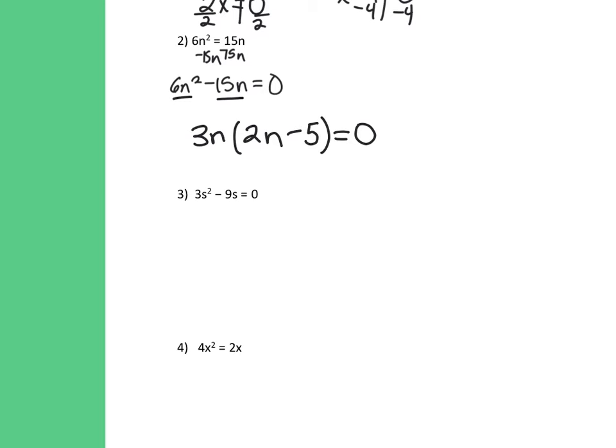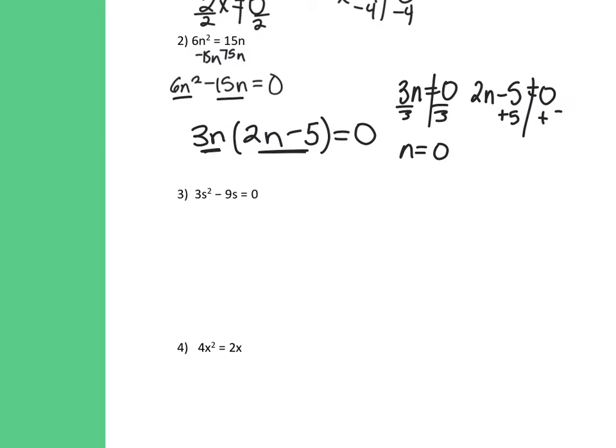We set each term equal to 0. 3n equals 0. Okay, first one. Divide by 3, n is 0. Next one, we would add the 5 first, right? Yep.